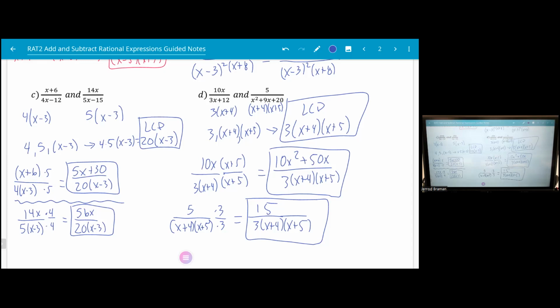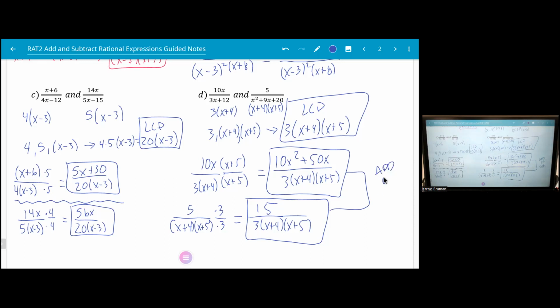And in my second rational expression, I just have to multiply by 3. That's the only thing that's missing for the LCD. So multiply the top and bottom, you end up with 15 divided by 3 times (x plus 4) times (x plus 5). And now here's the thing. If I needed to, I could add or subtract. I'll write that out. I could add or I could subtract.